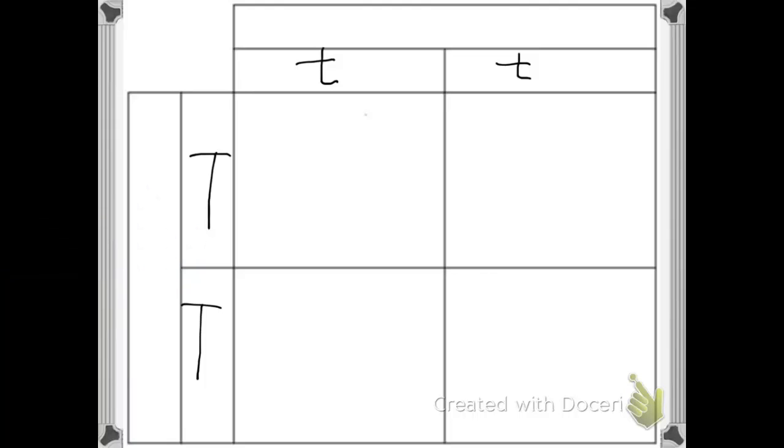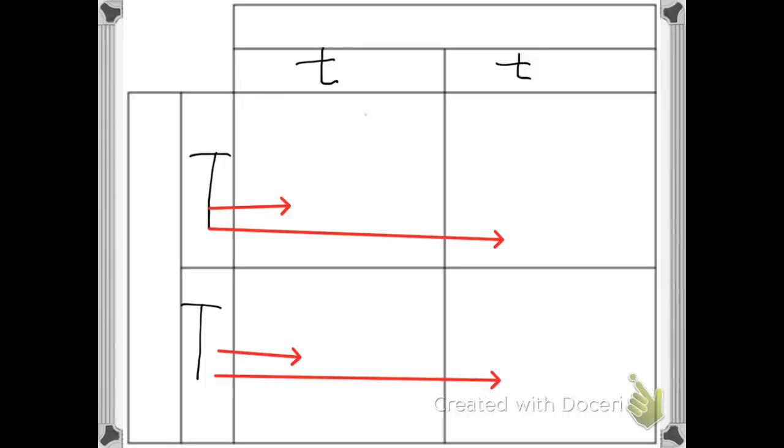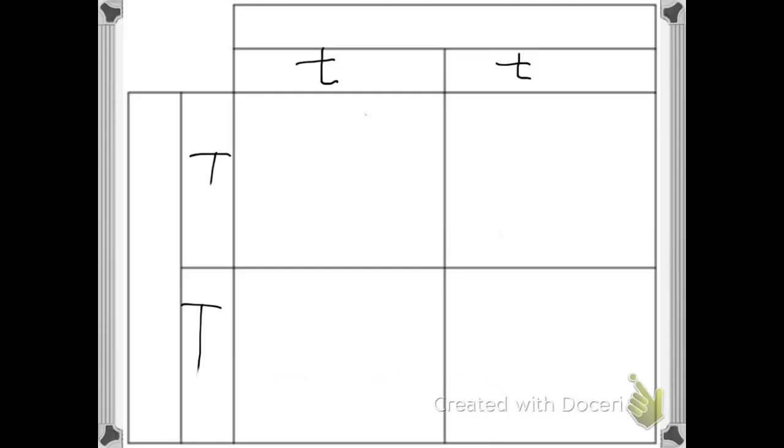What we're going to do is fill in these boxes. Along the left-hand side, this capital T will come into this box and also into this box. This T down here, we'll put it here and in that box. So we're going to put a capital T in every box.